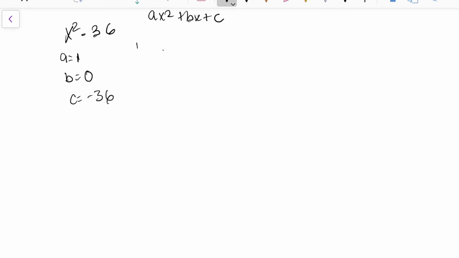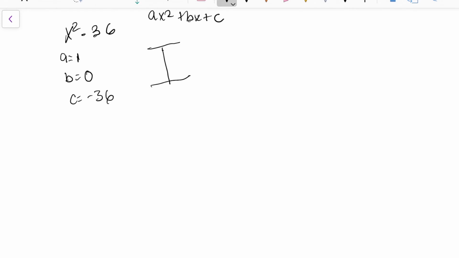So let's now use our handy dandy chart. Or we could have just named it the I chart. Yeah, let's call it the I chart instead. How about that?